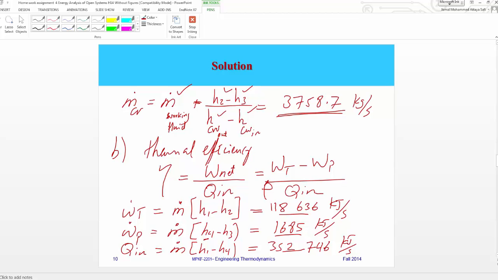I didn't do it, but I think you will find it as, I can write it here just for records if you want to do this. So the efficiency is 33.2%.